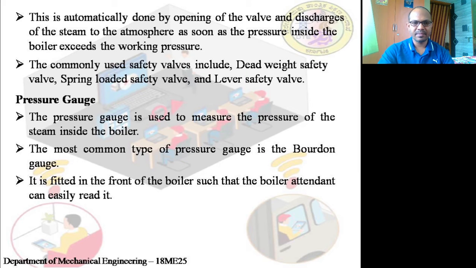Then the pressure gauge. The pressure gauge is used to measure the pressure of the steam inside the boiler. That means we have to monitor it. Whatever steam is being generated will be taken to the turbines, and the turbine will be rotating. So the turbines need a prescribed, known amount of steam pressure.